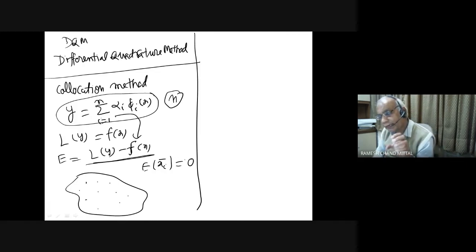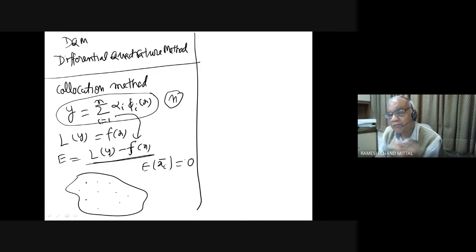So I select n points, which are called collocation points, and put the error at 0. The moment I put the error 0, my n equations are formed, and these n equations can be solved. This method is called the collocation method.